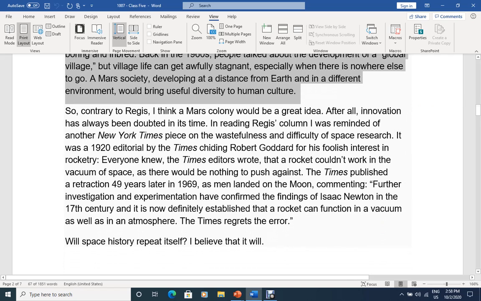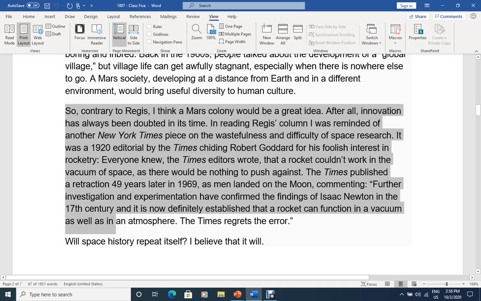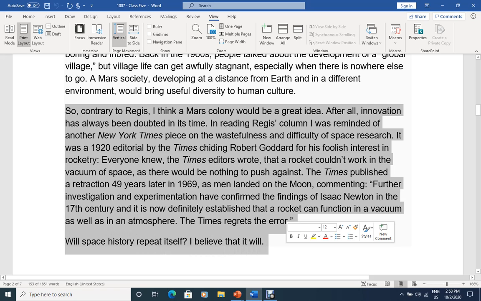And then in the final part, he moves away from that, and he finishes off by going back to Regis, counter-arguing Regis, and showing examples of how there were always naysayers. There were always people, like Regis, who were going to second guess new technologies, new explorations, new innovations.